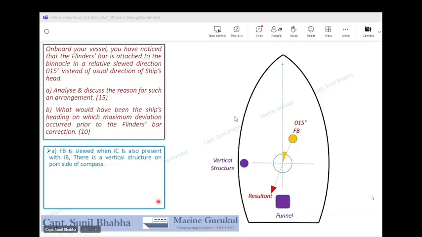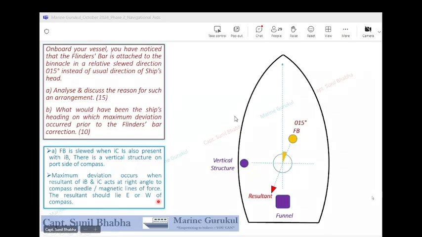Now, what is the heading on which this resultant would cause maximum deviation? For any magnetic force to cause maximum deviation, it should act at right angles to the magnetic needle.